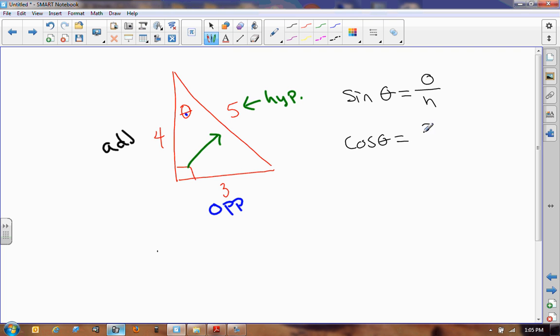It's AH. Tangent theta is OA. Sine OH, cosine AH, tangent OA. You may have learned SOHCAHTOA.